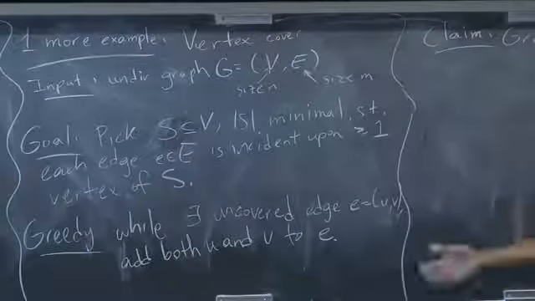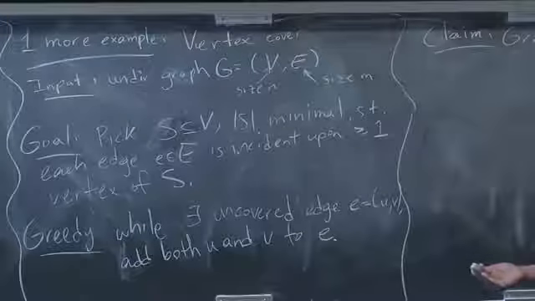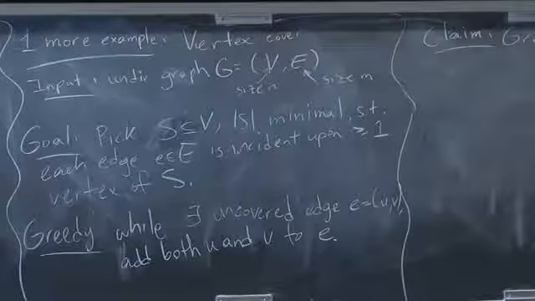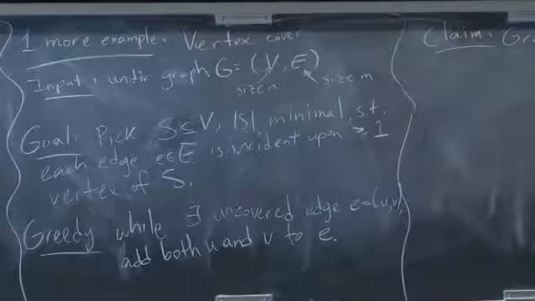Those edges form a matching. And therefore, the number of vertices we return in our set is twice the size of a particular matching. And then any vertex cover size is lower bounded by the size of any matching.